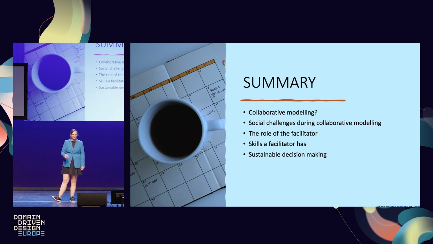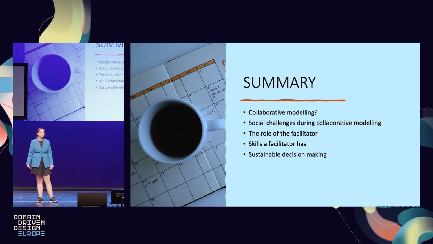Like what you planned will start to match up with what actually happens because you have sustainability in your design decisions. All right. So I spoke about a lot. I briefly mentioned what collaborative modeling is. And I also said you have social challenges. When you do that, you have conflict, you have ranking, you have resistance, you have polarities. I didn't mention cognitive biases, but they're just one topic for an entire talk.